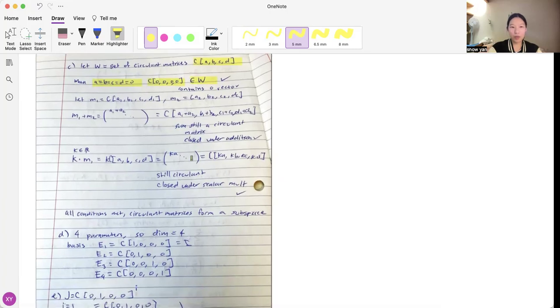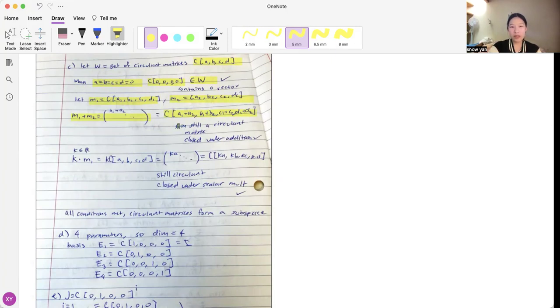Okay, now we want to show closed under addition. So we set M1 to be equal to C(a1, b1, c1, d1), and M2 to be with the twos. We know that M1 plus M2 is equal to C of each of the coefficients added together: a1 plus a2, b1 plus b2, and so forth.